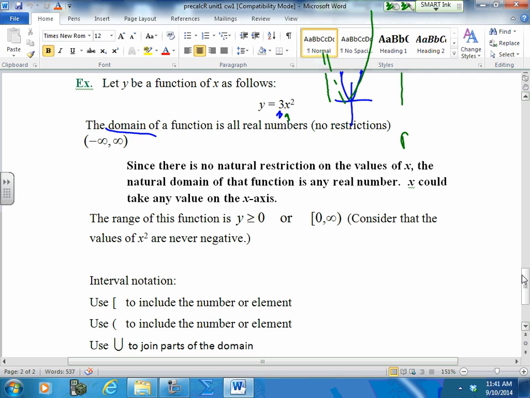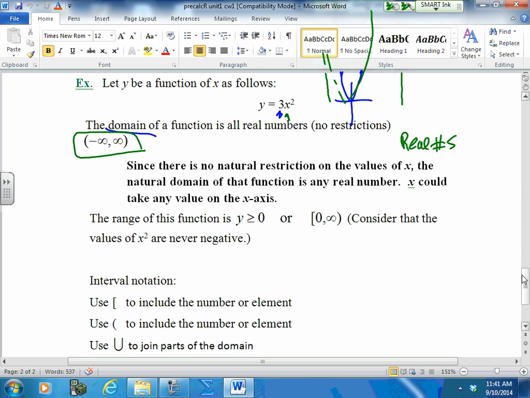I'm all real numbers. On your number line, it's any number. It's negative infinity to infinity. You always read your number line just like you read a sentence from left to right. So negative infinity to infinity will be our all real numbers. There's no restriction on your x.